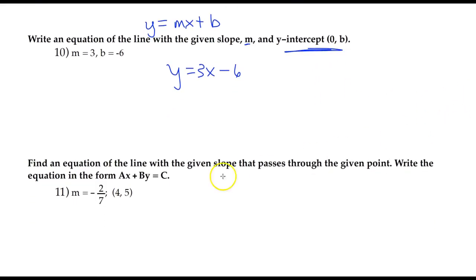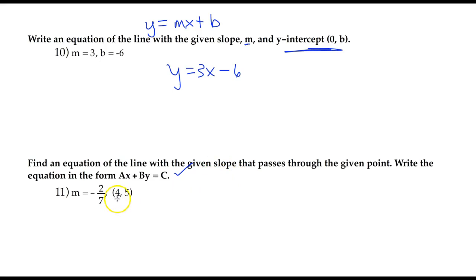For question number 11, we're asked to take the slope and this point and write the equation in the form of ax plus by equals c, which is general form. Okay. So we'll start off by doing some of the same things here.